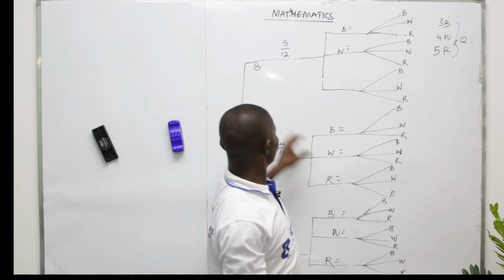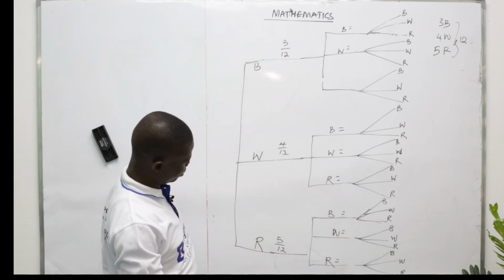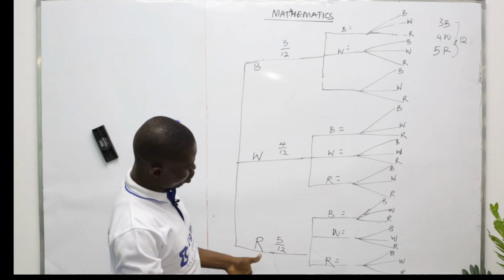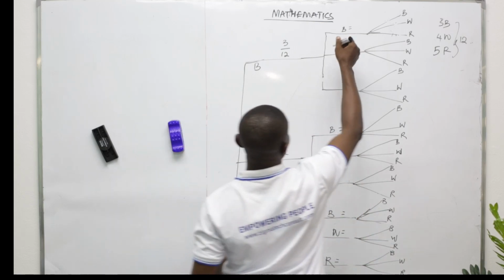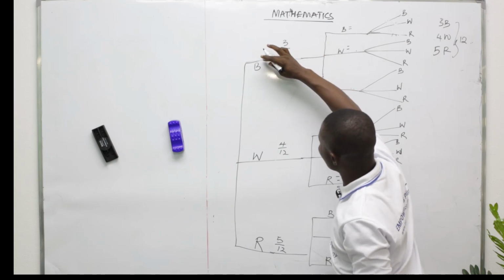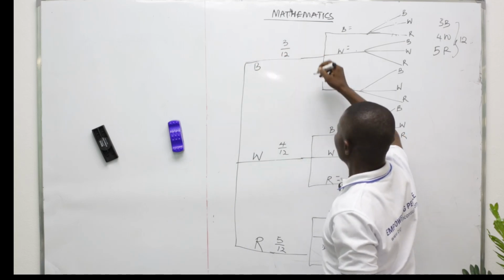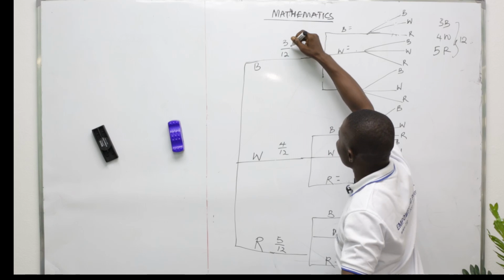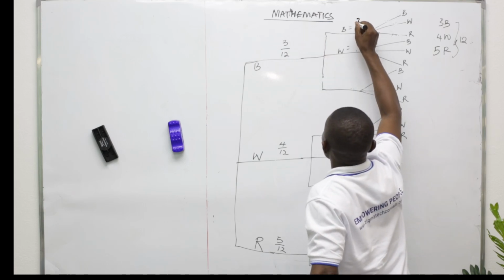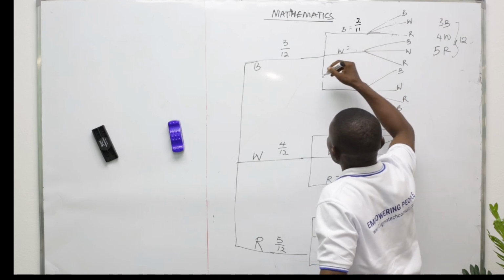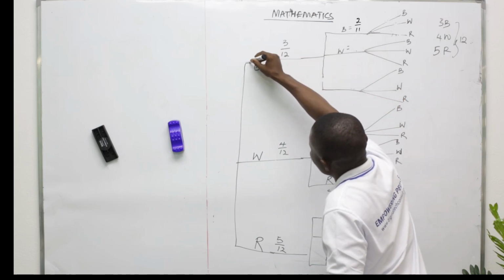Okay, you can see we are done with the first phase, which is just the normal number. If you are to remove black, the numerator will be affected, and the denominator will be affected by 1. That is 2 over 11, because black is the owner of this lane.